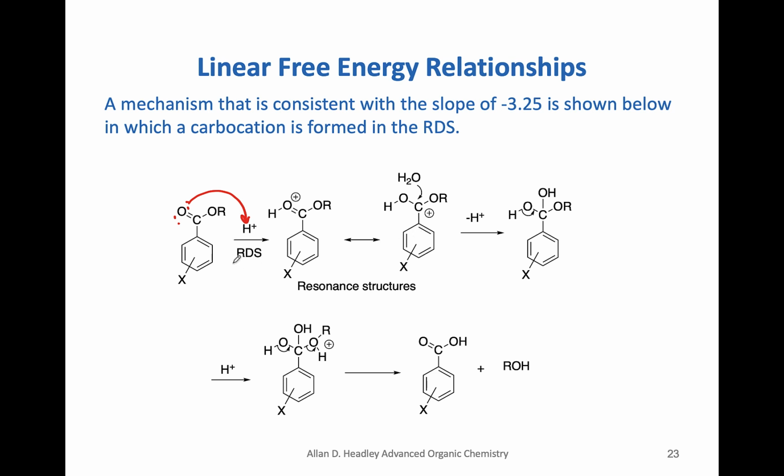So this would be the rate determining step because we have a carbon that's positive next to the ring. So we have here an OCH3, for example. It would stabilize that and of course make that a faster reaction because this is the rate determining step. Of course, these are all fast steps here.